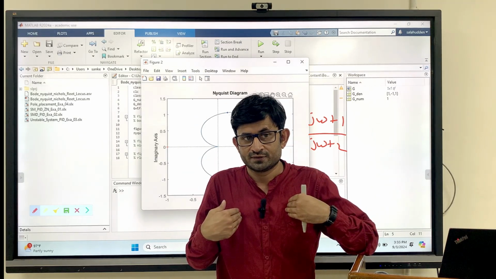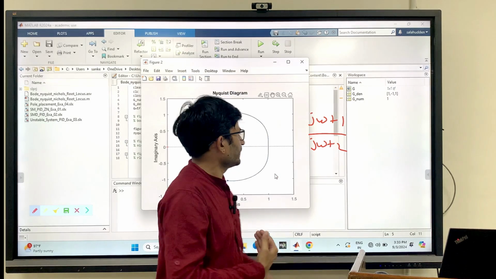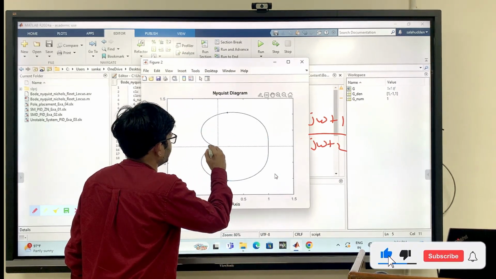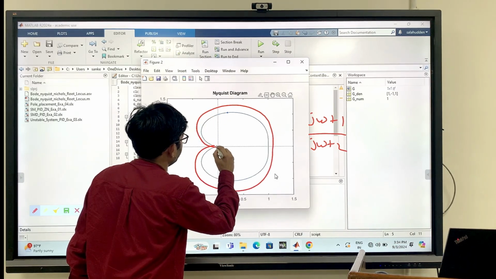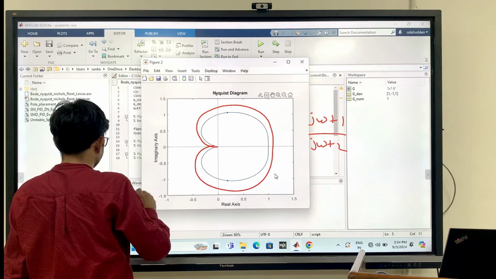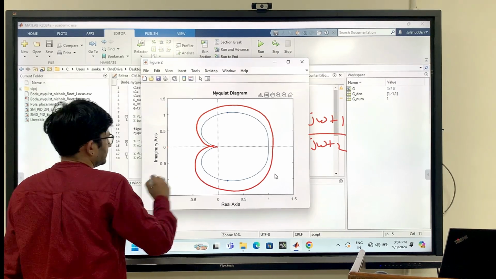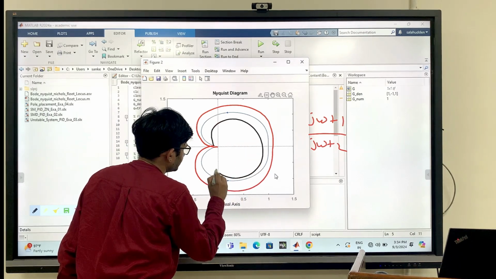And we have already seen that by using that approach, you will not be able to claim whether my graph is like this or like this.